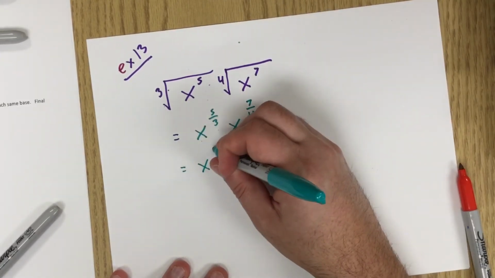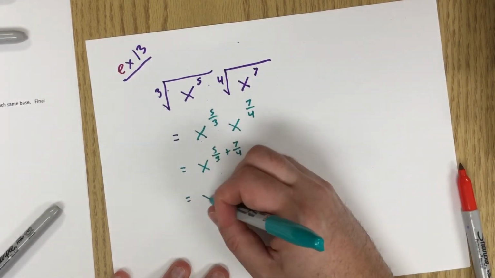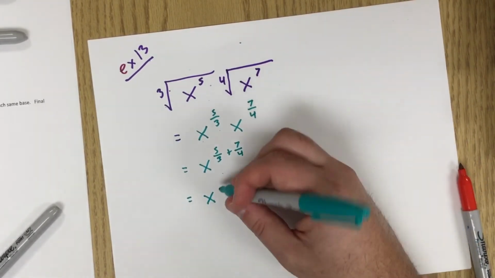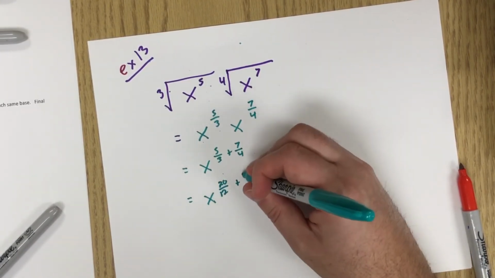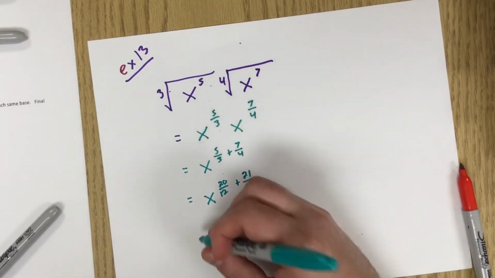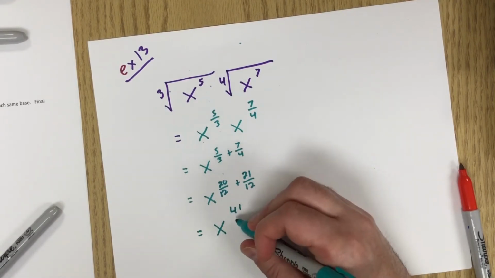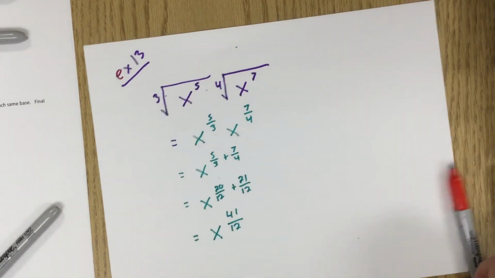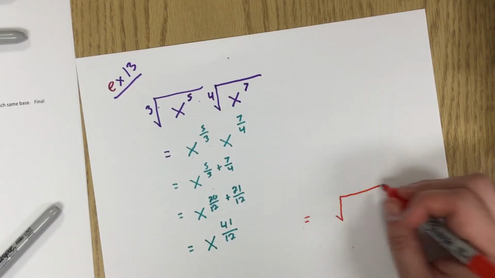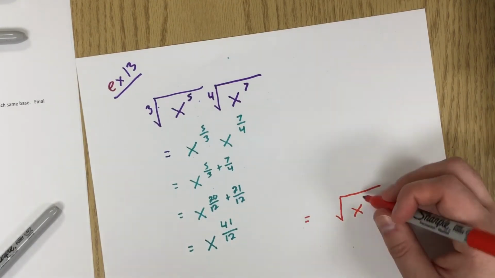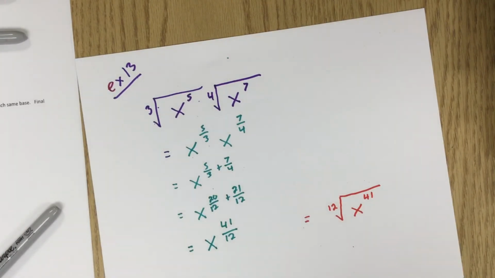So we're going to have x to the 5 over 3 plus 7 over 4. Common denominator is going to be 12, so 20 over 12 plus 21 over 12, and that's x to the 41 over 12. And if we're going to write it in pretty radical notation, it's going to be the 12th root of x to the 41.